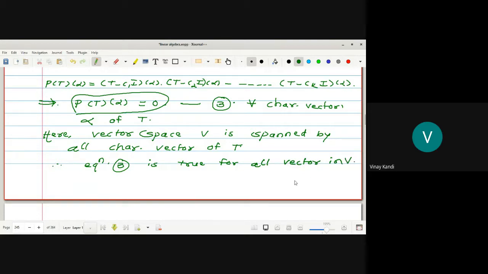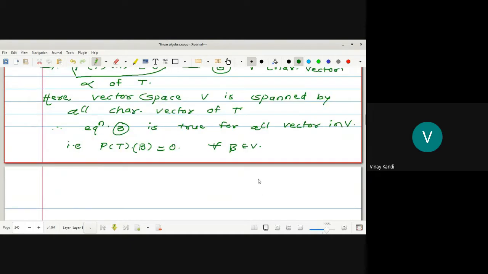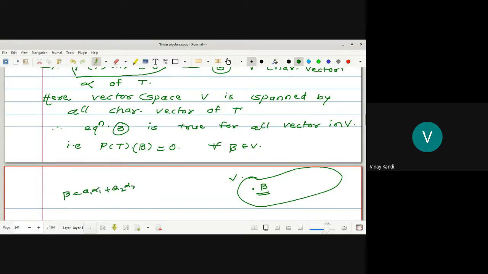That is, P of T of beta is equal to 0 for all beta belonging to capital V. Suppose this is the vector space and beta is any vector belonging to V. So this vector we can write in the form A1 alpha 1 plus A2 alpha 2 up to so on An alpha n. Is it correct? Yes, sir. So here each of alpha 1, alpha 2 up to alpha n is a characteristic vector.